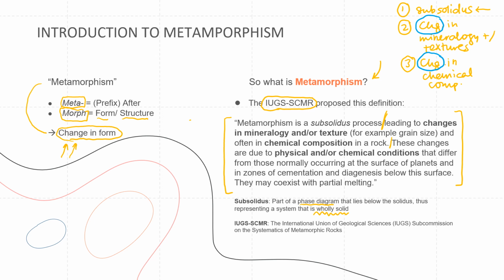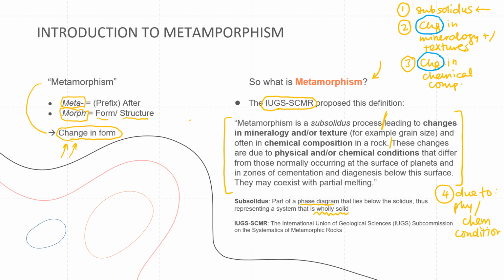Next in the definition, we have these changes are due to, so now we're knowing why it happens. So it happens due to physical or chemical conditions that are different.